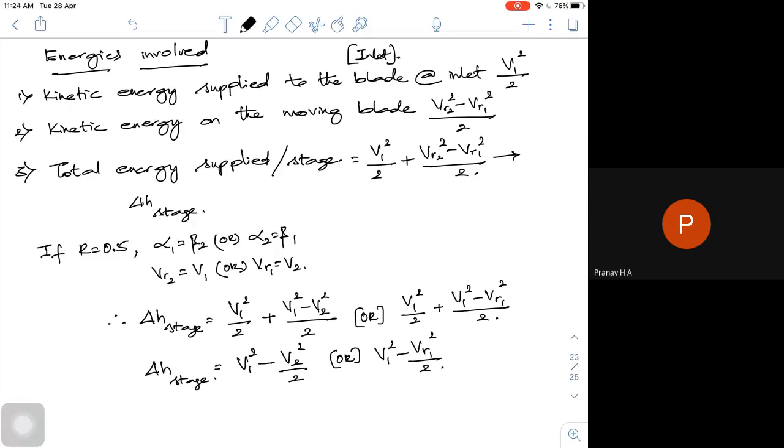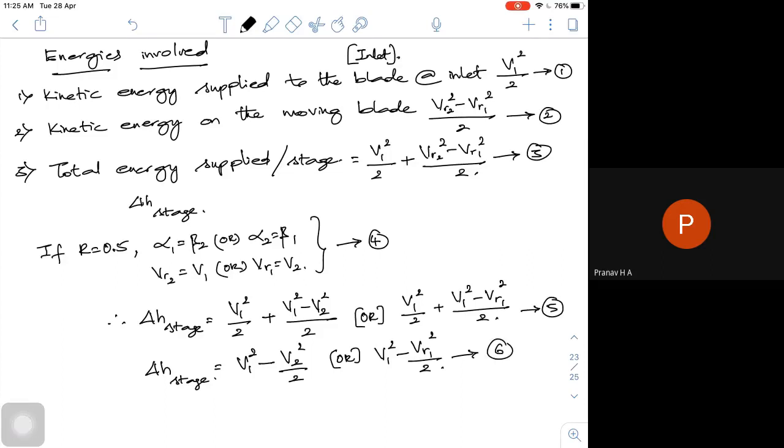If I call this 1, this 2, this 3, these are my conditions 4, 5, and 6. So these conditions prevail.